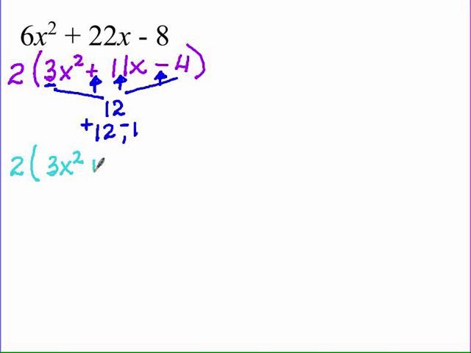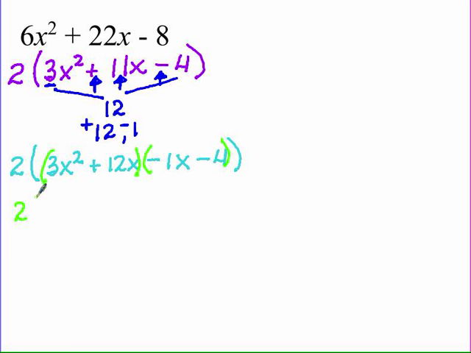Plus 12x minus 1x minus 4. Very good. So now let's group the first bunch, and since I've got a -1, I'm going to go ahead and put that in the second group. Whenever you have that negative, you want to group that with the second. That 2's still out front, that's just going to hang out the whole time.